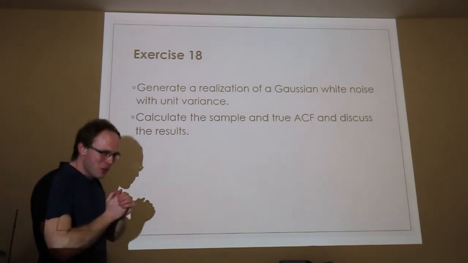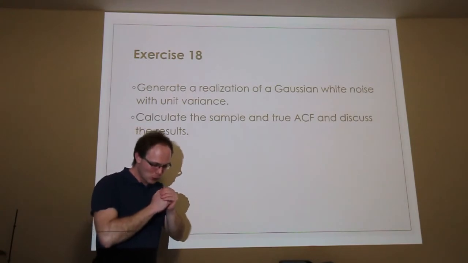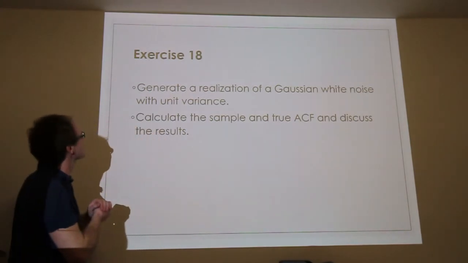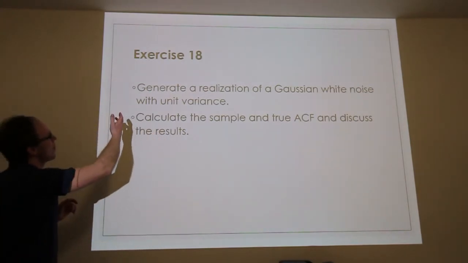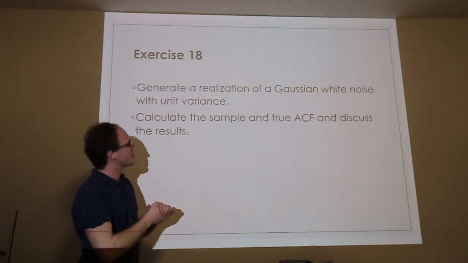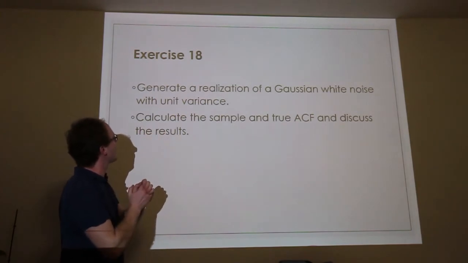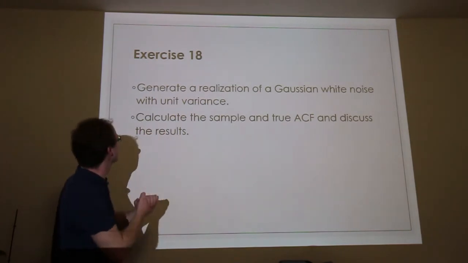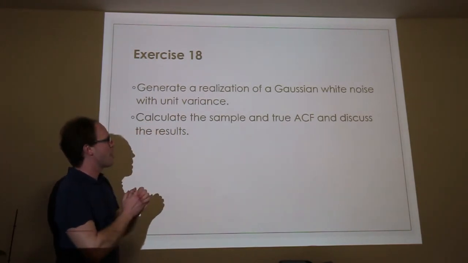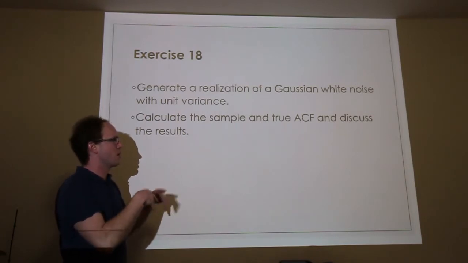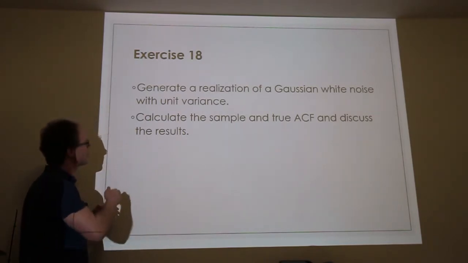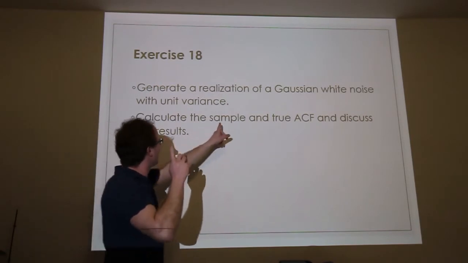Okay, we can move to exercise 18. We will generate a realization of a Gaussian white noise with unit variance. We will calculate a sample and true autocorrelation function and discuss the result.